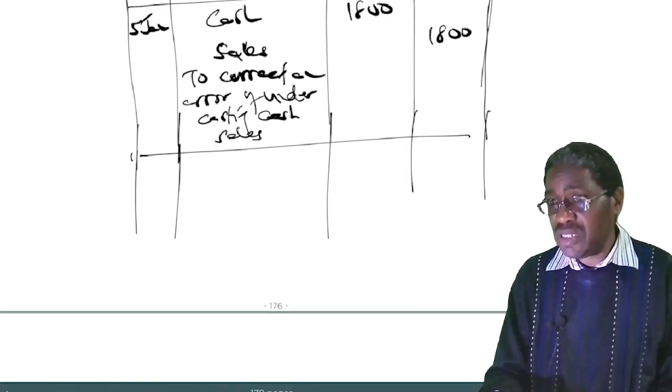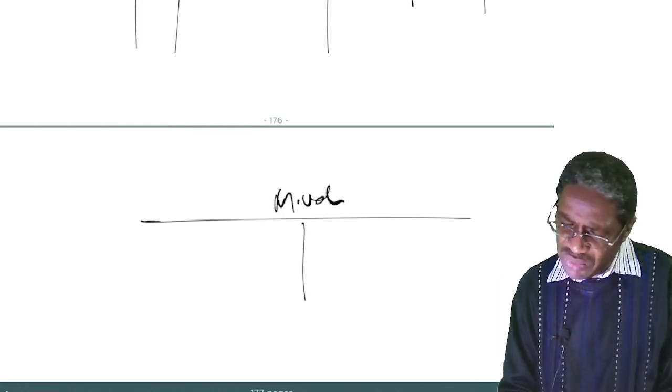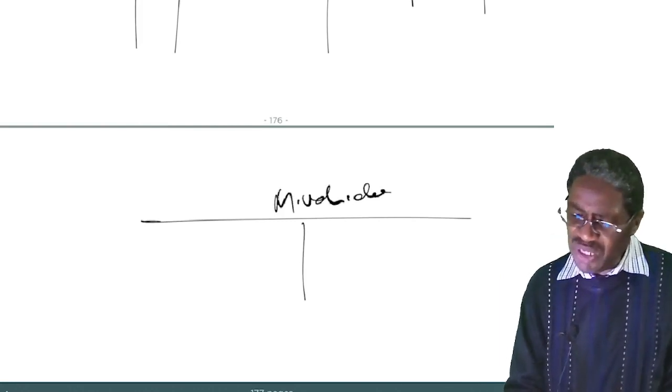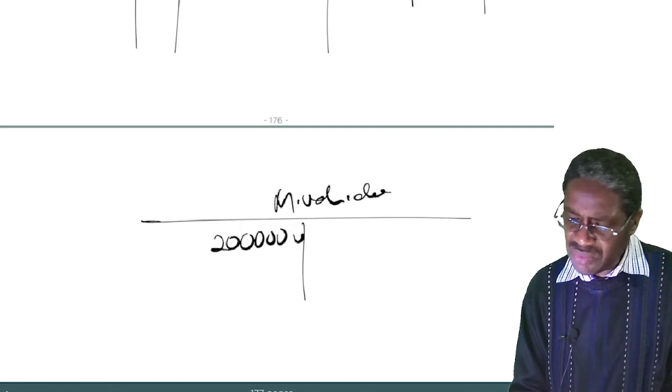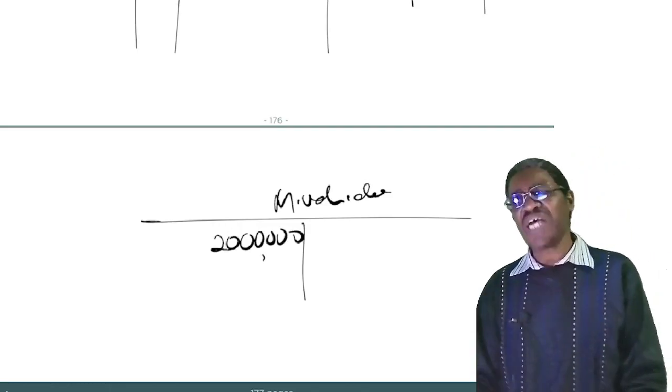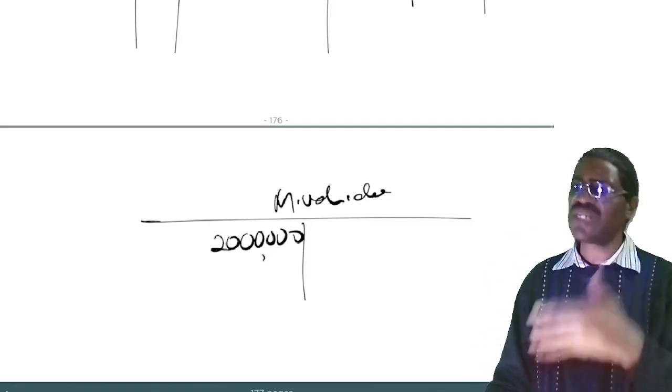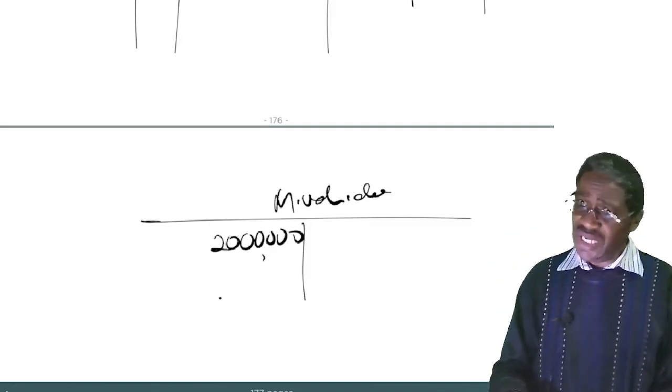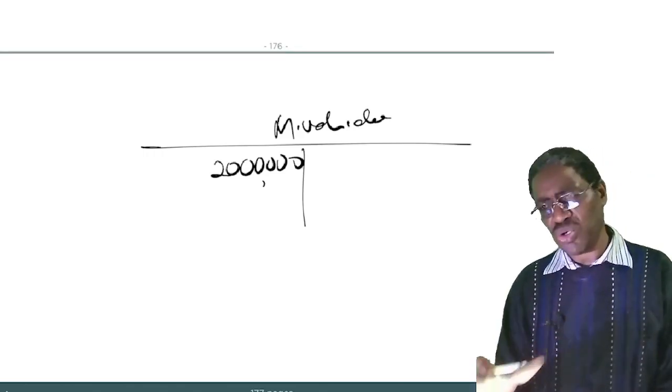But I already know which account should be debited. When I buy a motor vehicle, I'm supposed to debit motor vehicle by maybe 2 million, because motor vehicles are increasing, assets are increasing. The rule says when an asset increases, you debit. Then we owe General Motors that amount.